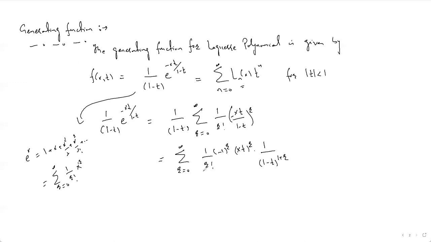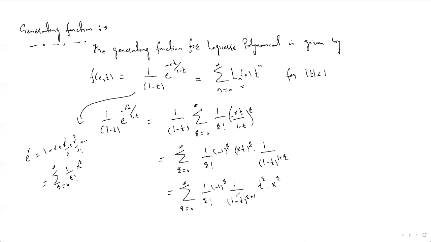Okay, or I can write this again as the summation over r running from 0 to infinity of 1 divided by r factorial, minus 1 raised to power r, then 1 divided by 1 minus t raised to power r plus 1. R plus 1 is more convenient to write. Then t raised to power r, then x raised to power r.